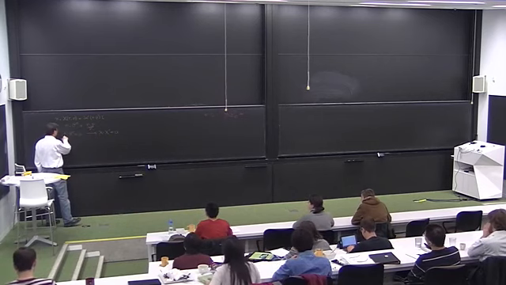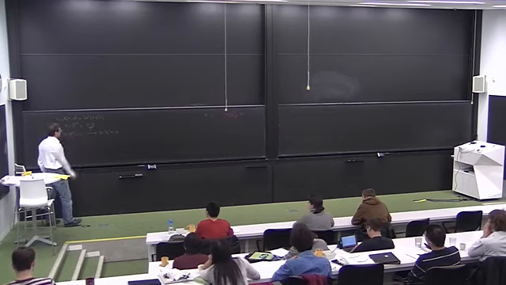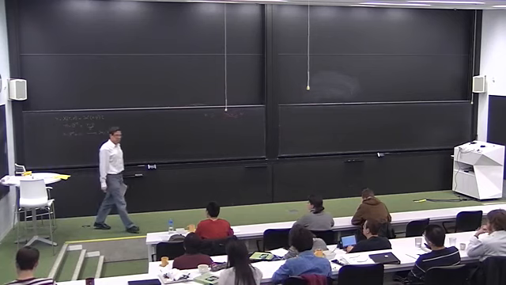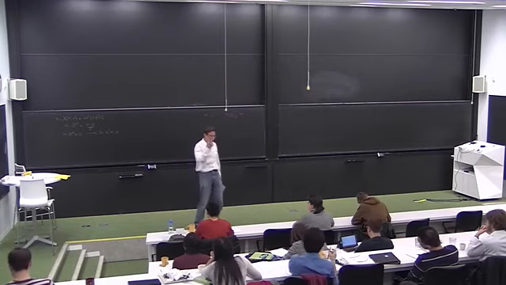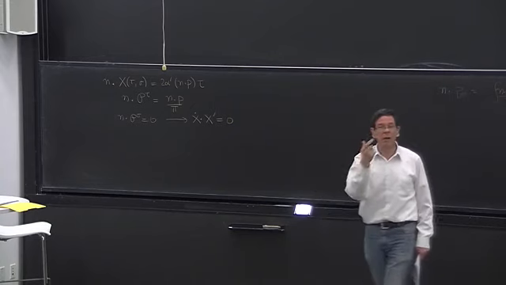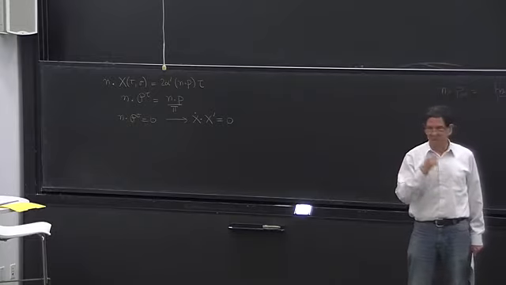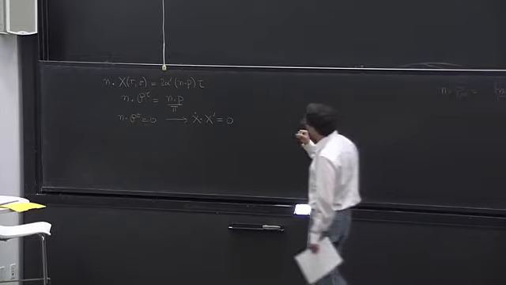Then we showed that n dot p sigma is equal to 0, because n dot p sigma must be 0 at the end of the string if those ends are supposed to be free. P sigma, remember, has to do with the boundary.